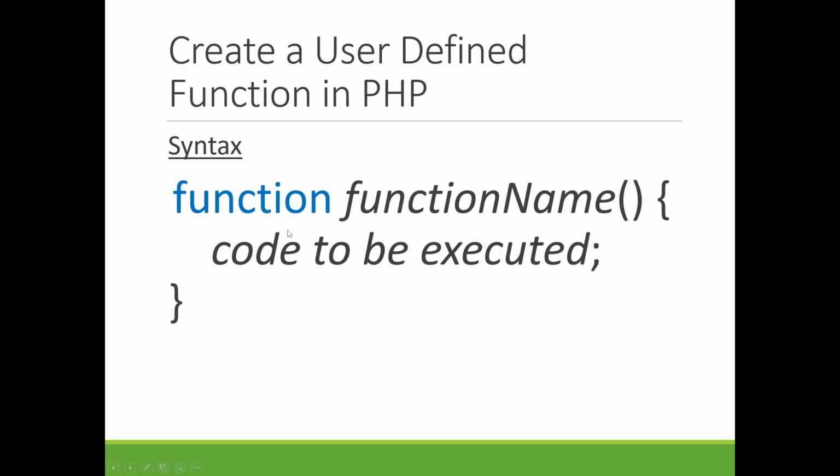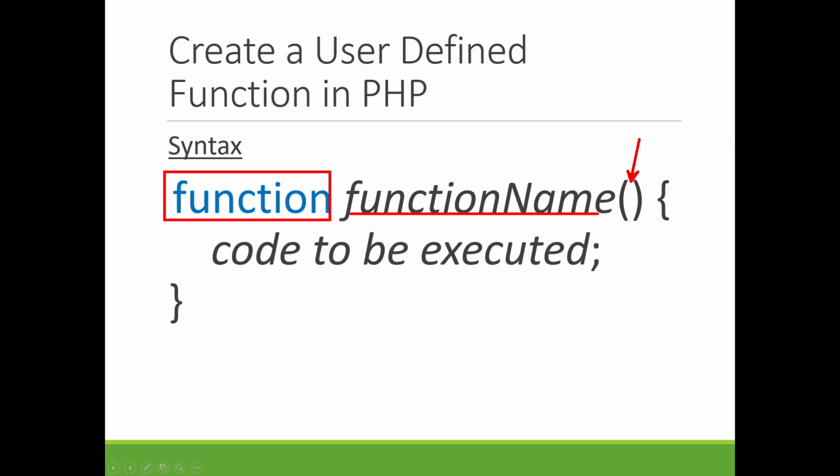Now, this is the syntax for writing a function. It begins with the keyword function. Then after that, you give a name to your function. The name should follow the naming convention for identifiers, and no spaces. I can't remember very well, so for those naming conventions, please refresh yourself. Then we have the opening bracket and the closing bracket.